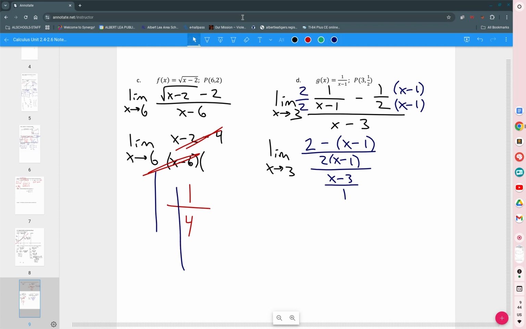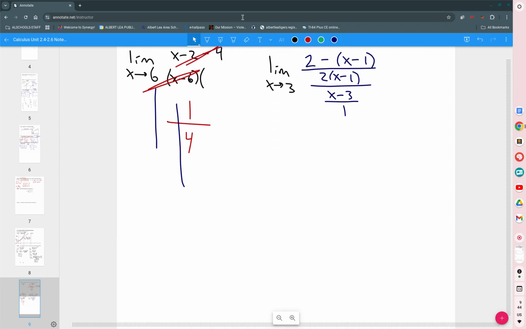It's gonna be okay. So x goes to 3 of what's in the top? 2 minus x plus 1, which is 3 minus x. That's okay. Over 2 times x minus 1.